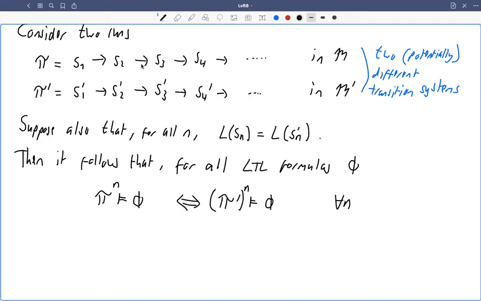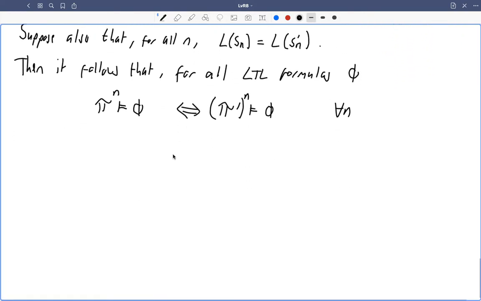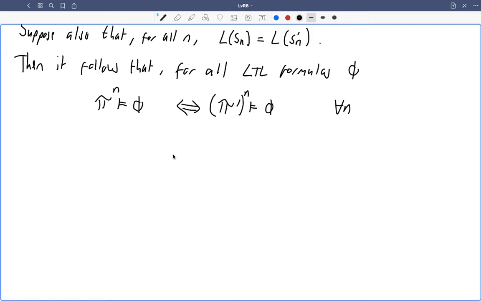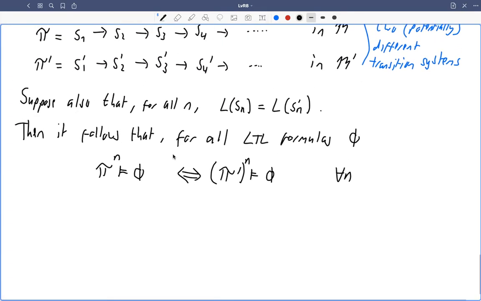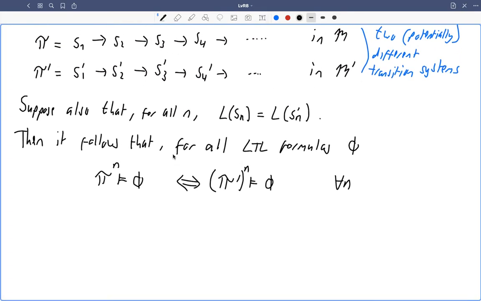That's not very surprising, but it's a nice fact, and what it allows us to do is to define something called the trace language of a formula.